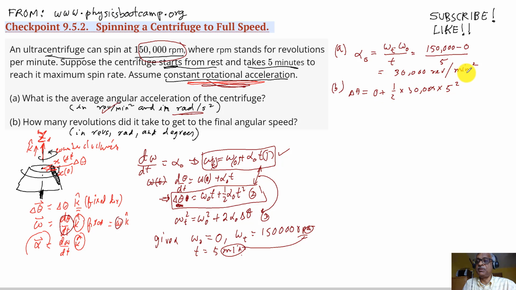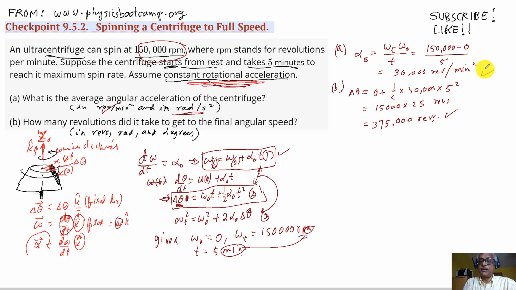So minute squared will cancel minute squared, and it's going to give me revolutions. So we have 15,000 times 25 revolutions, and so you get 375,000 revolutions. Okay, so that's the answer.